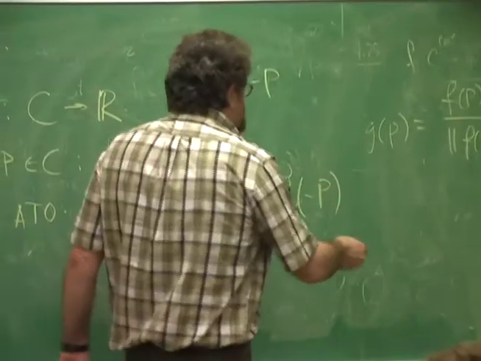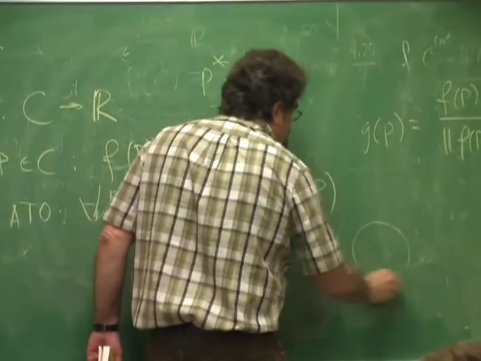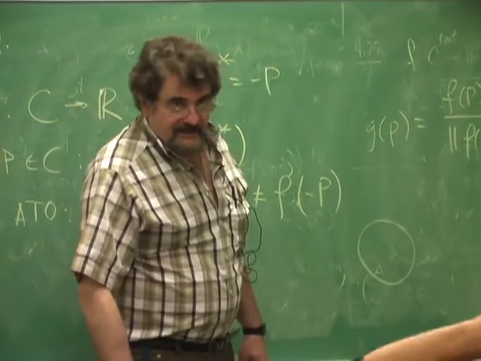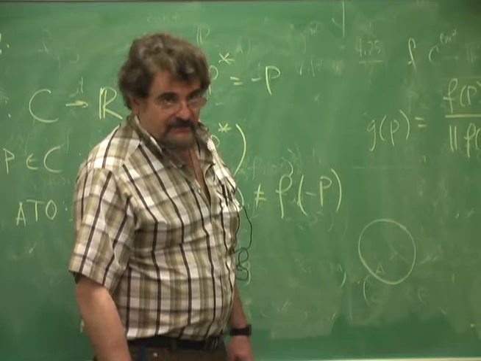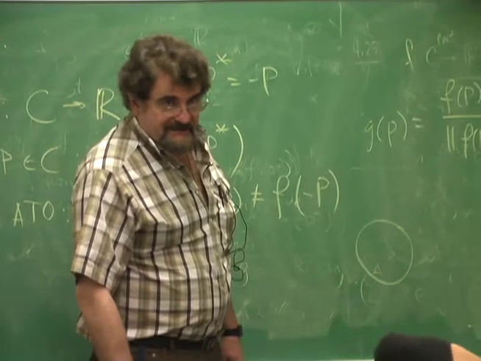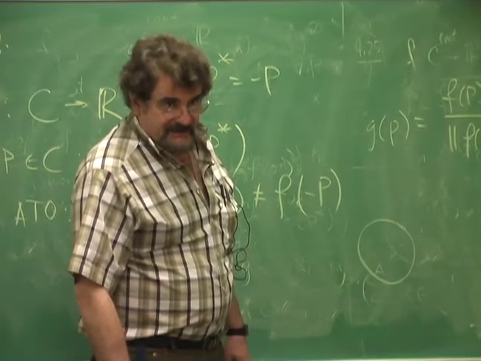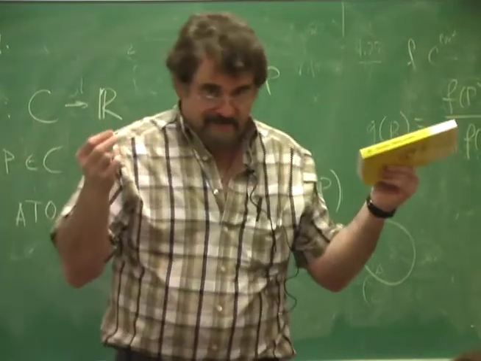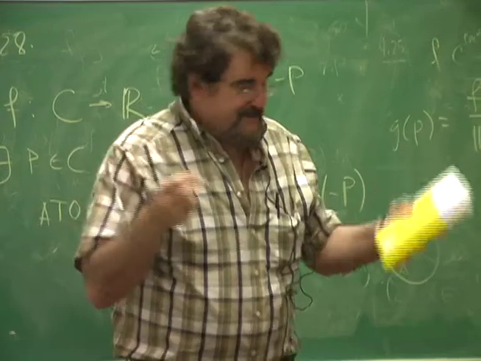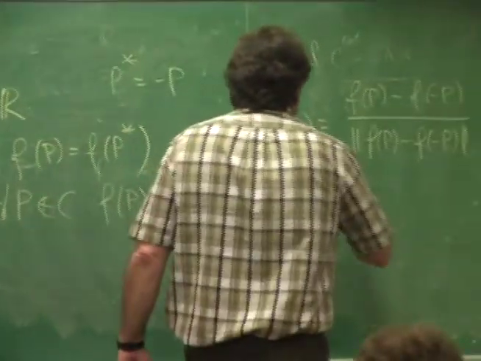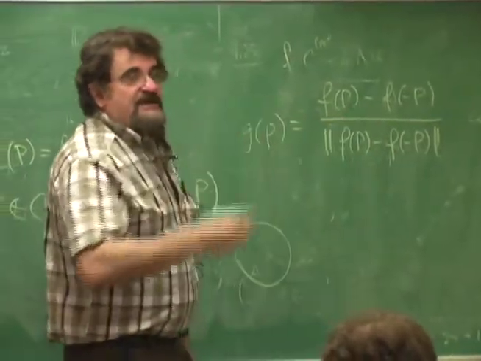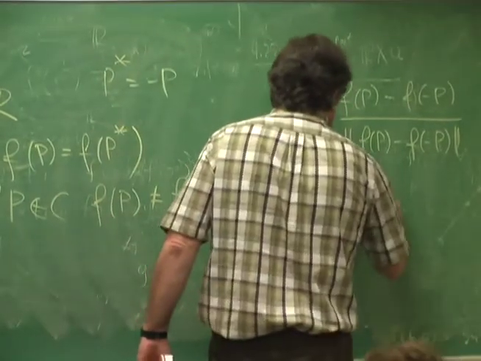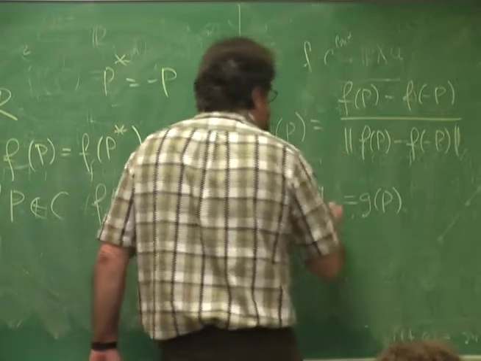But you see, the circle is connected. Therefore, the image must also be connected. I proved it once, that the image of a connected set under continuous mapping is connected. But 2 points is a disconnected set. Correct? So, this always must be either 1 or negative 1. Let us assume that it is always 1.